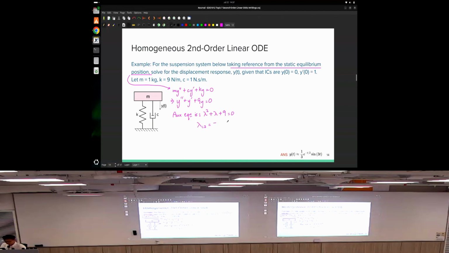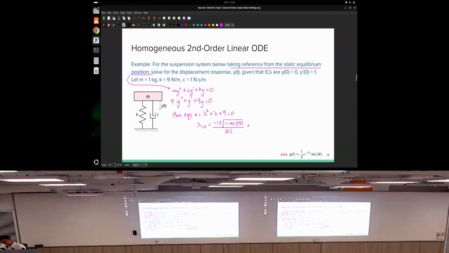Never mind, I just straight away plug in the values. So minus 1 plus minus root, because your b is 1 here, of 1 minus 4 times a is 1, c is 9, over 2 times 1.